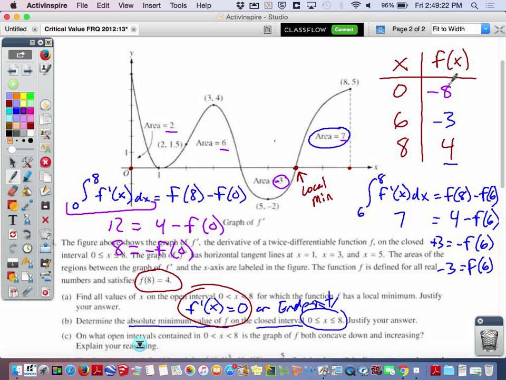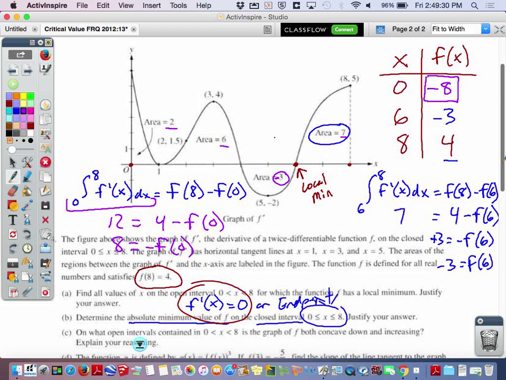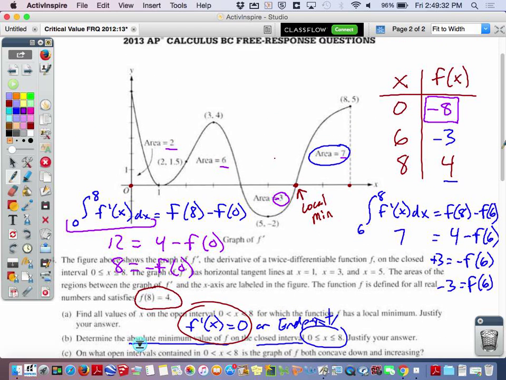So now that I have my table completed, I'm looking for an absolute minimum. I'm looking for the smallest y value. So our answer for part B, we would say that the absolute minimum of f of x is negative 8.